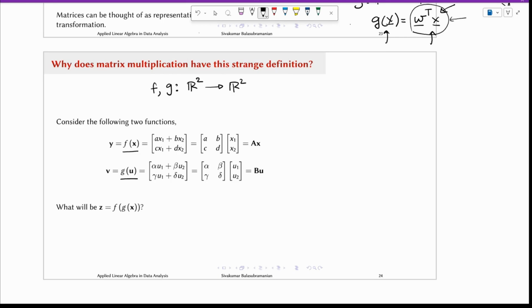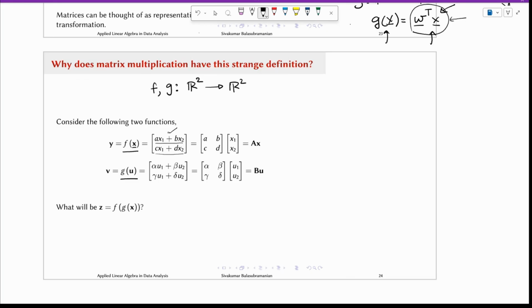Okay. If F and G are linear, right? That means if I take a vector X and compute f of X, the first element of the resulting vector of f of X will be of this form. The second element will be of this form. Because each of the elements of your f of X will itself be a linear function. And any linear function from R2 to R can be written like this.